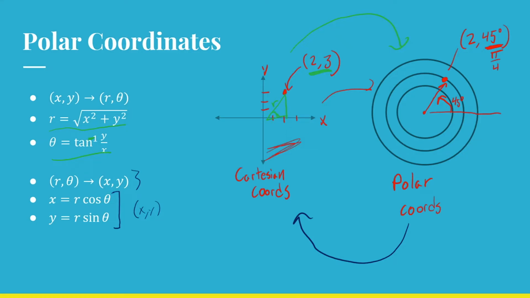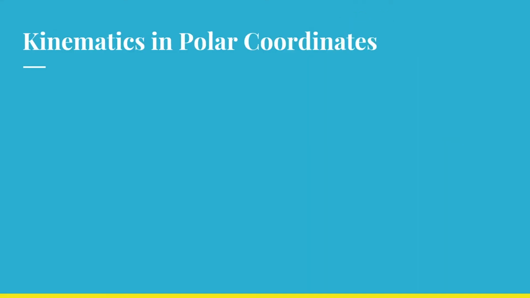Sweet. Because now that we have this basis, now that we know how to represent positions in a polar coordinate system, we're going to go back all the way to Unit 1 and 2, and we're going to talk about kinematics, aka the motion of things and how we can describe them.